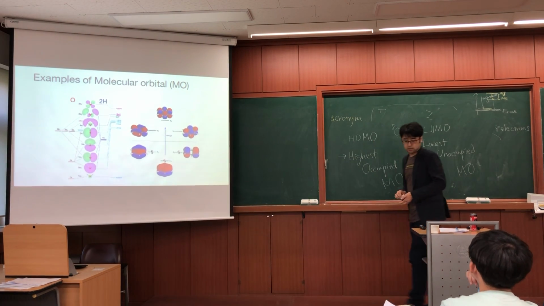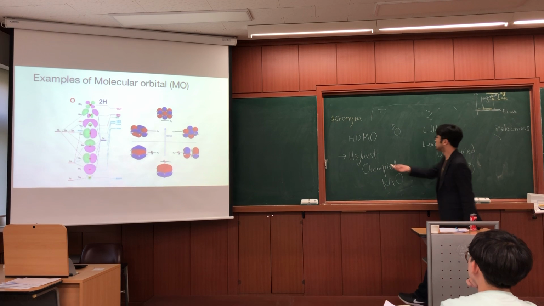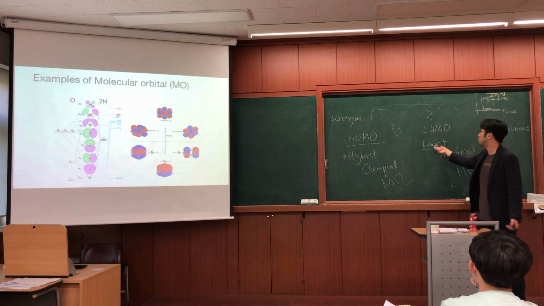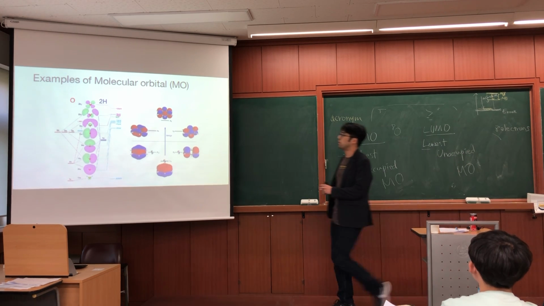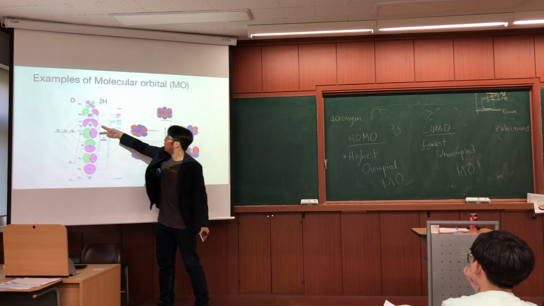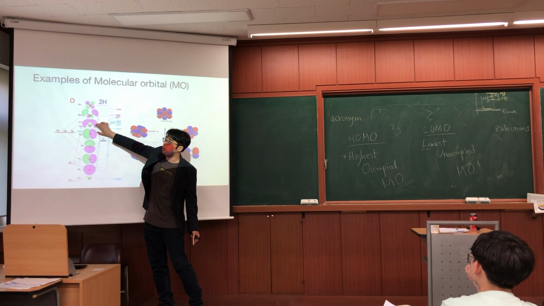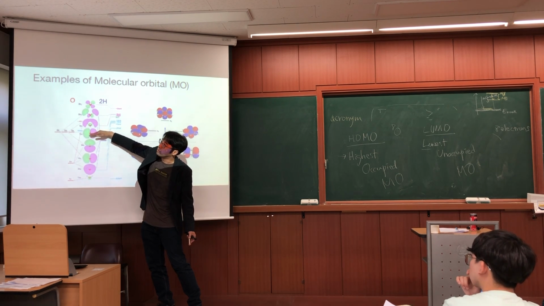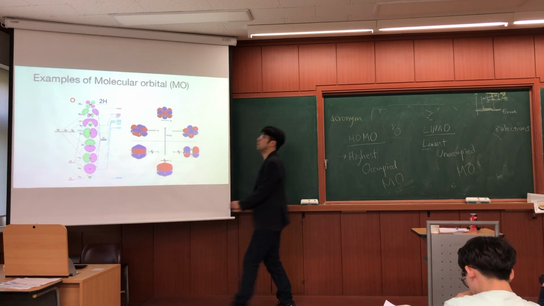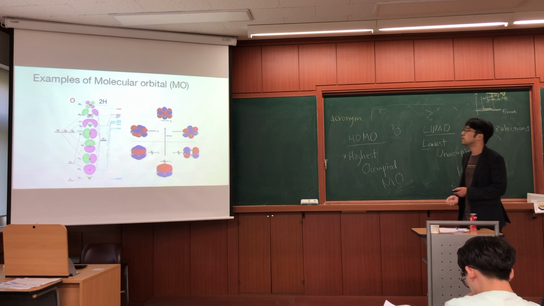So in chemistry, HOMO and LUMO are important because the gap between the HOMO and LUMO is the smallest energy gap to be excited. So this is the smallest energy to make a molecule excited.